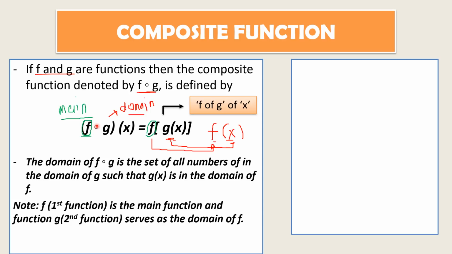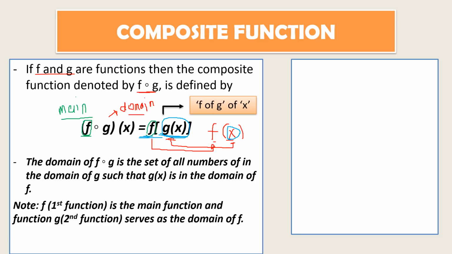The composition of f and g of x is equal to the main function wherein it has what? It has a domain which is the second function. So instead of having x here as the domain of f, here, we have the second function that serves as the domain of the main function.